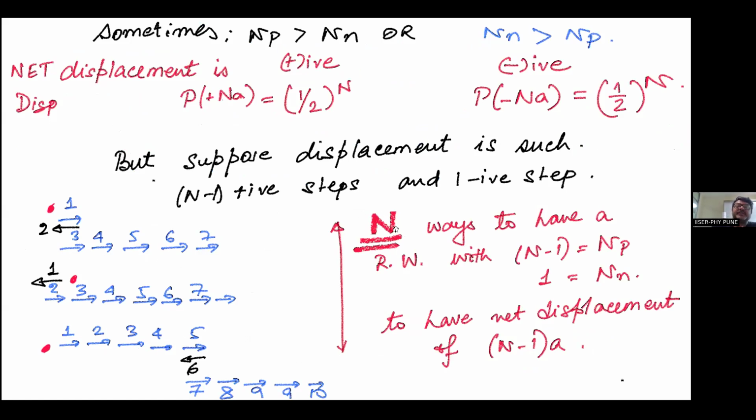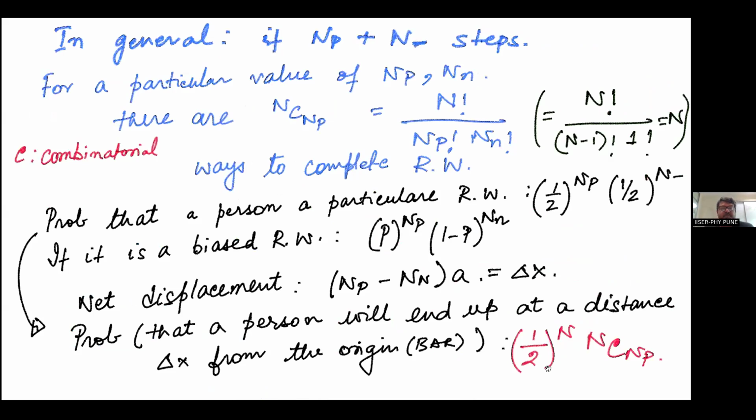Now, if you have two such negative steps and n minus two positive steps, you can place these two negative steps in different ways among these. So you can have many ways to realize a random walk, or realize a net displacement of n minus 2a. Here it is n minus 1a, but if NN was 2. In general, just think about it a bit.